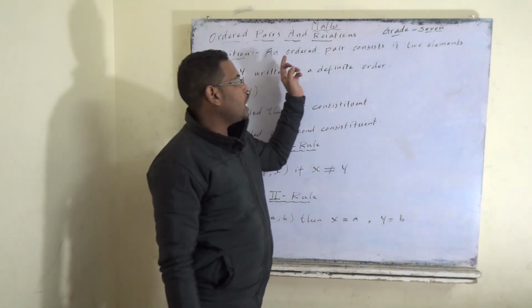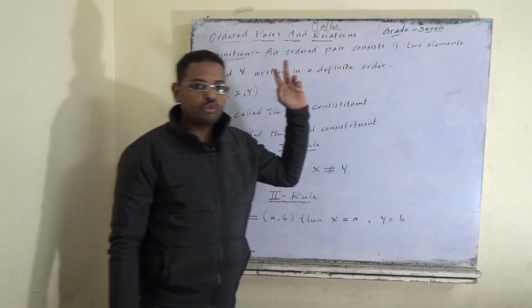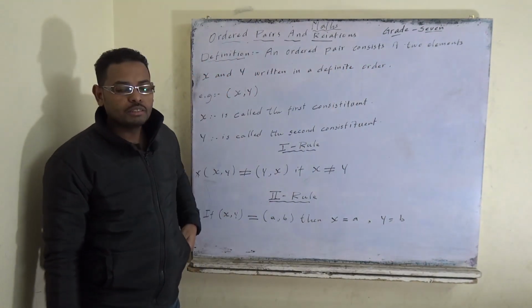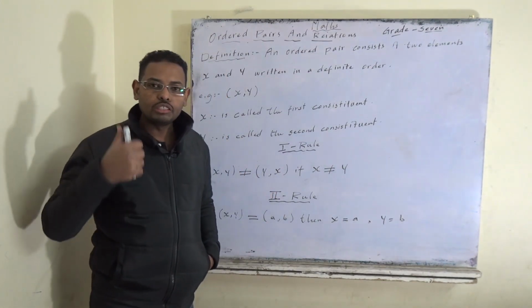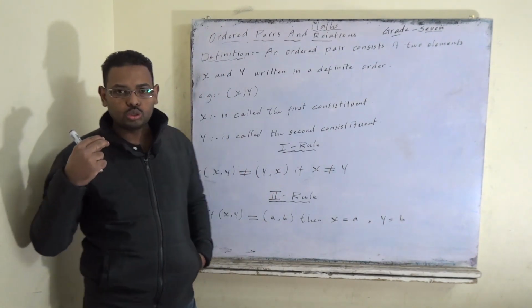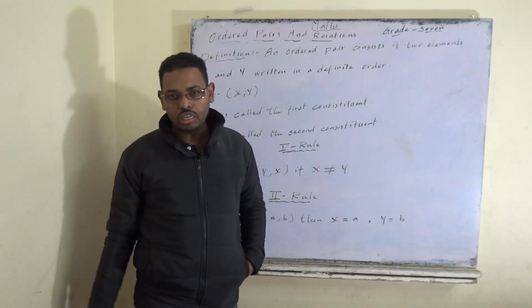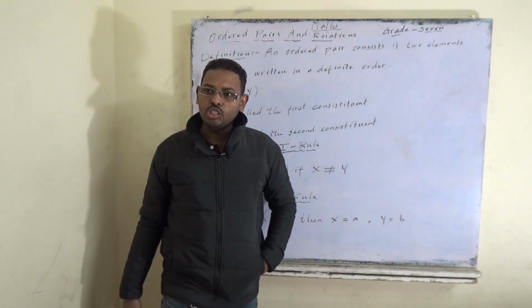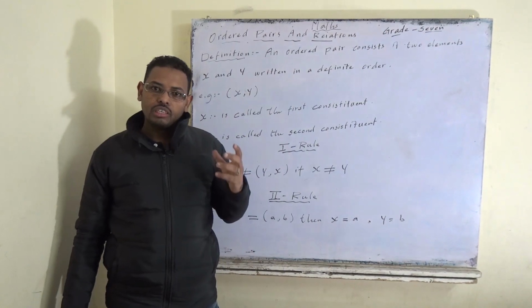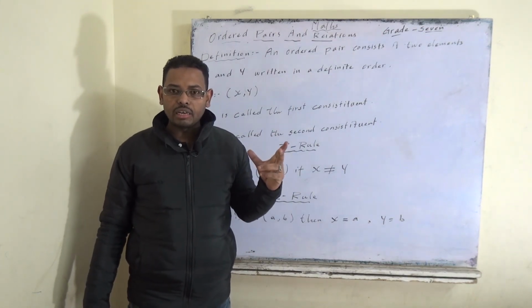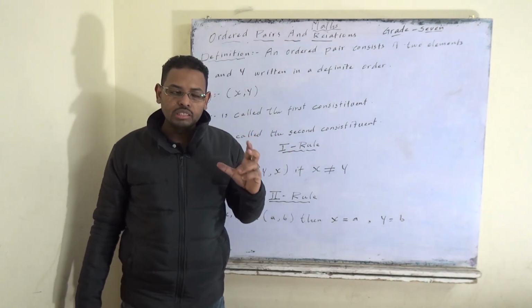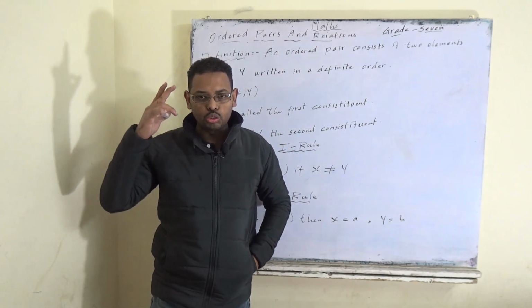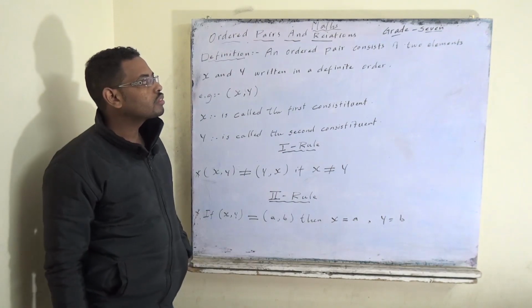When we say an ordered pair consists of two elements, that means in order to say that this is an ordered pair, it should contain two elements. These two elements can be numbers, variables, anything. Only their quantity should be two.